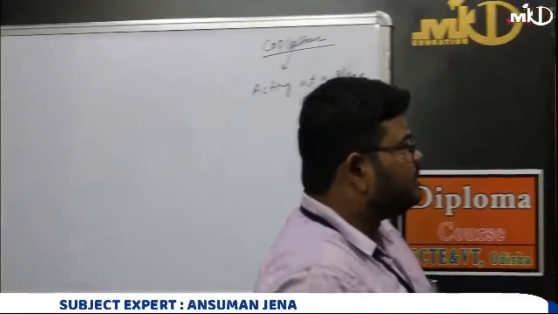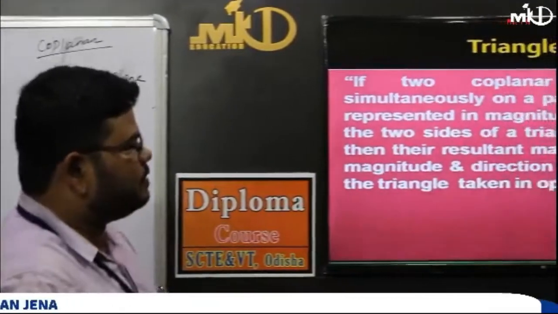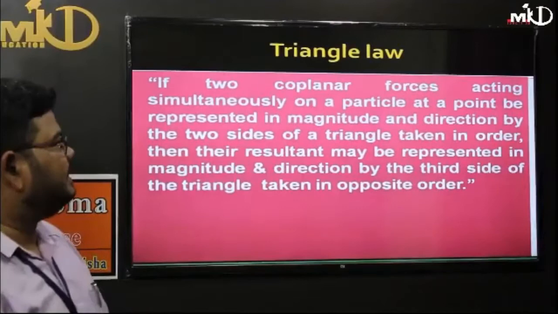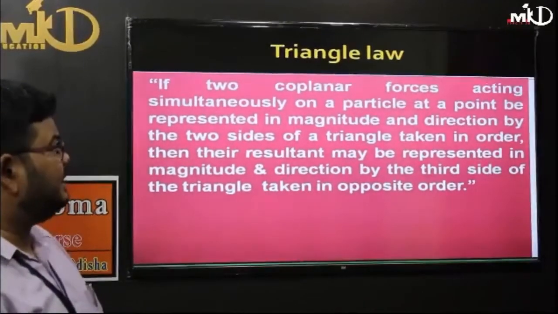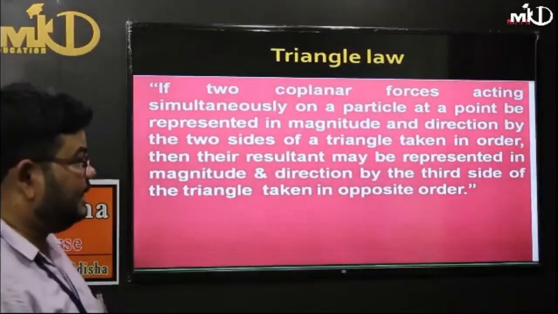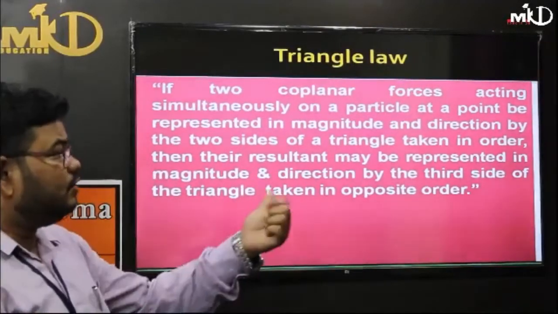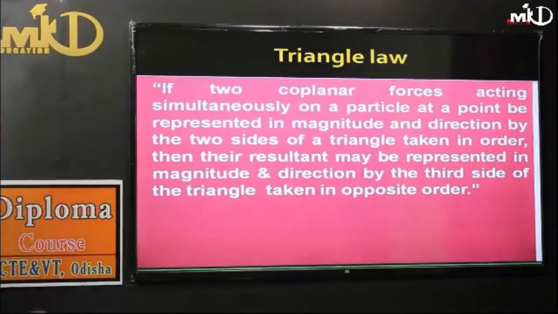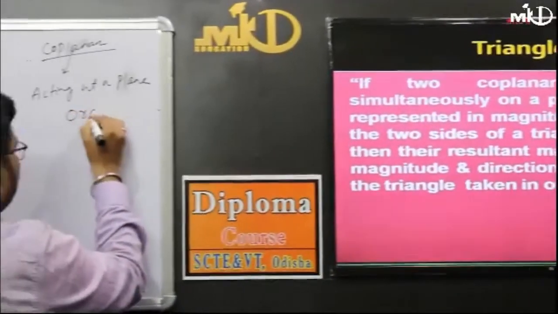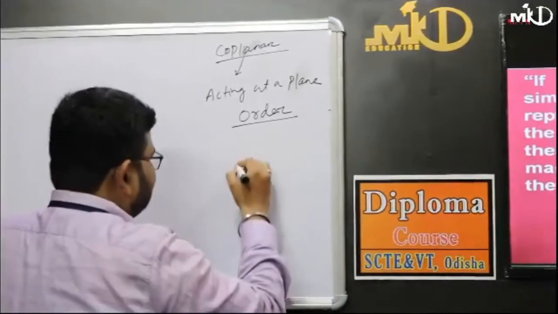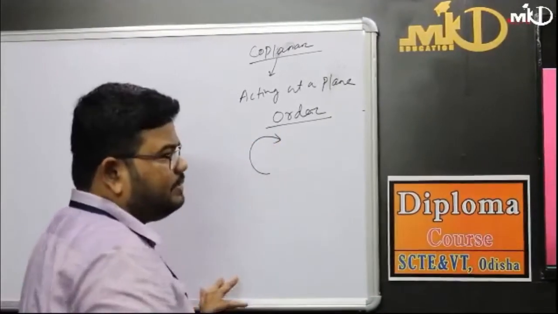So the triangle law states that if two coplanar forces acting simultaneously on a particle at a point be represented in magnitude and direction by the two sides of a triangle taken in order. One more thing that needs to be explained here is order. What do you mean by order? Order here means the direction, which can be of two types only.